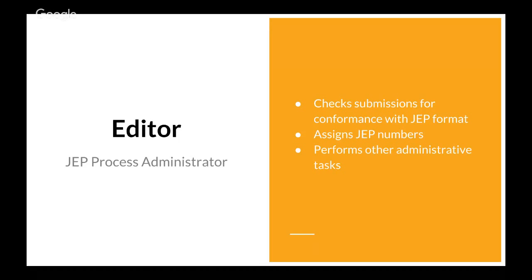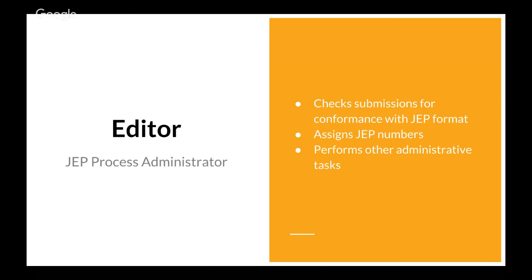So when someone submits a JEP for approval as draft, we'll check that it has all of the sections in it, that generally it has complete sentences and it has the right format overall. We'll assign a JEP number to it, and we perform other administrative tasks like merging other people's PRs, once they say, hey, yeah, this is good.